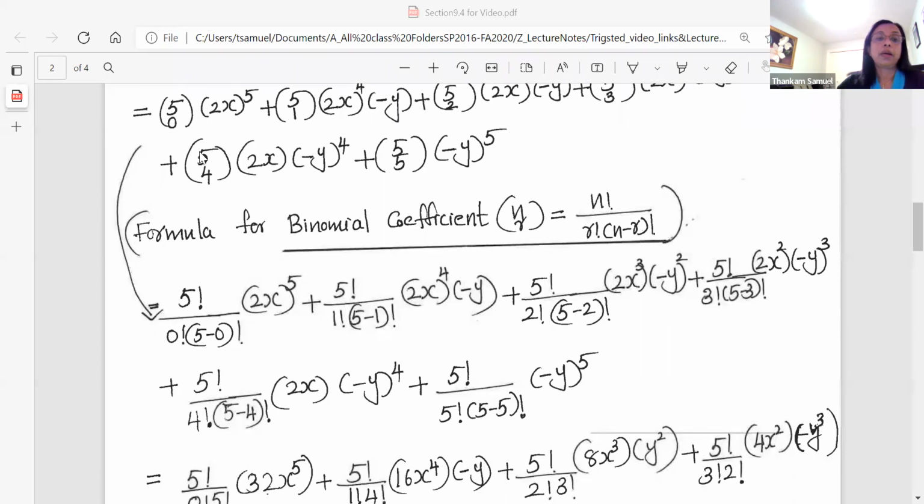And instead of 5 choose 4, we can use the binomial coefficient to rewrite this: 5 factorial divided by 4 factorial times (5 minus 4) factorial, times 2x times (negative y) to the fourth power, plus the last term, 5 choose 5. That is 5 factorial divided by 5 factorial times (5 minus 5) factorial, times (negative y) to the fifth power.